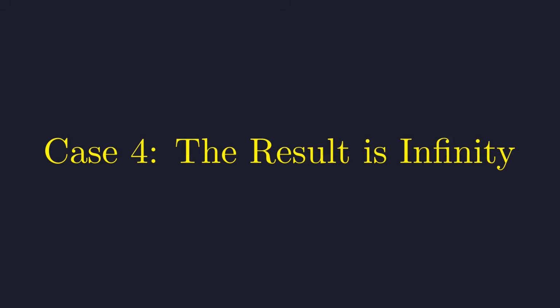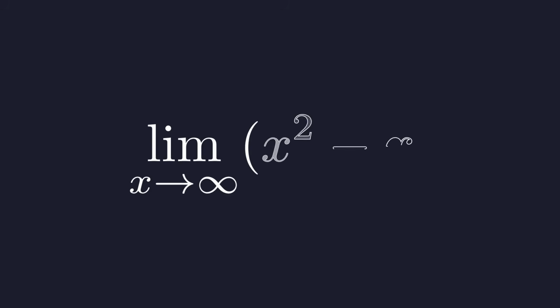Can infinity minus infinity equal infinity itself? Let's investigate. Consider the limit of x squared minus x. Here, one infinity, x squared, seems to be growing much faster than the other, x. The standard technique here is to factor out the highest power of x.